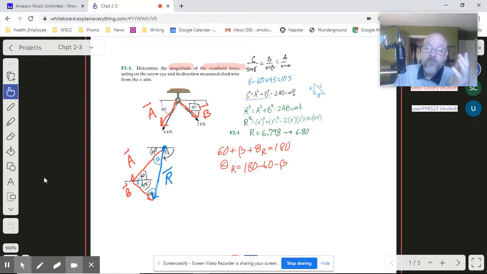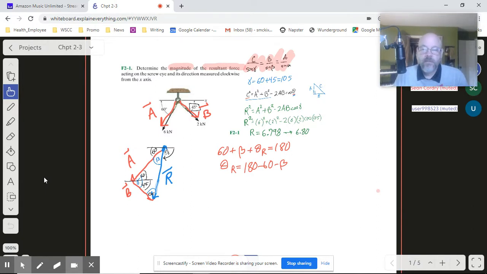All right. Now, to get beta, that's where we're going to go back up and take a look at the law of sines. That's going to help us out there. So let me pick a good spot to work on here.